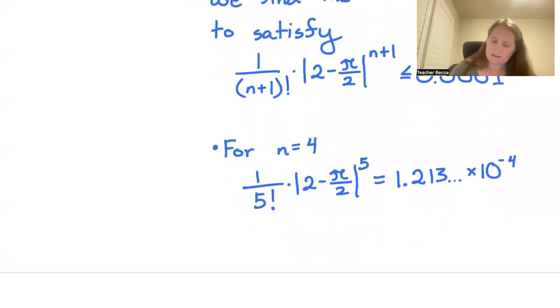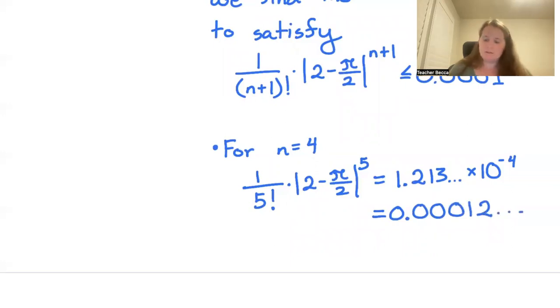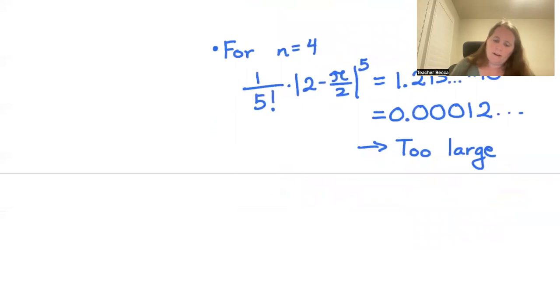So this is 0.00012..., that's too large. Right? n equals 5 works, as we saw.